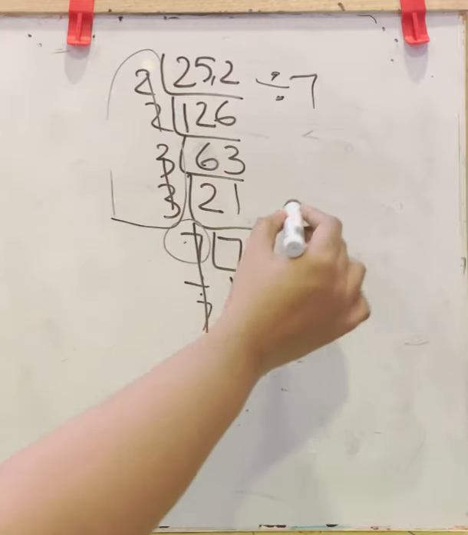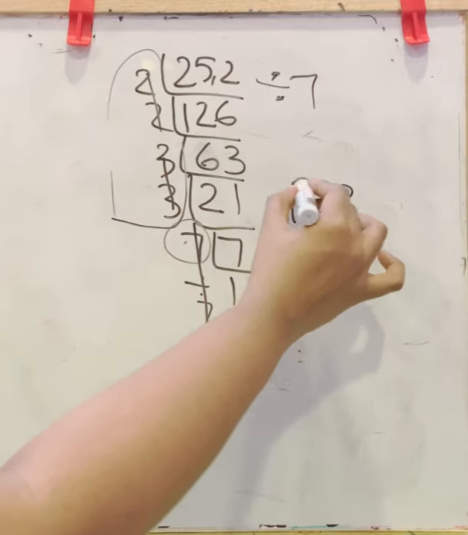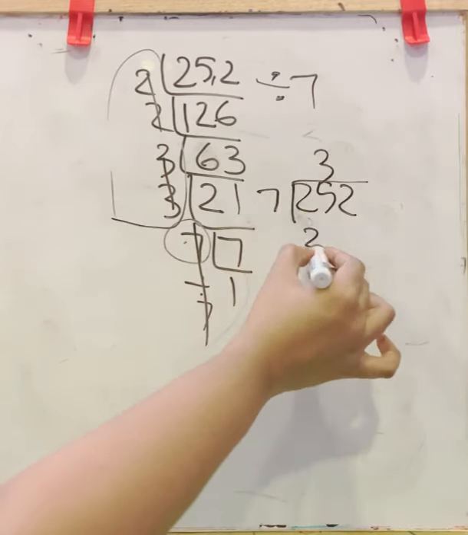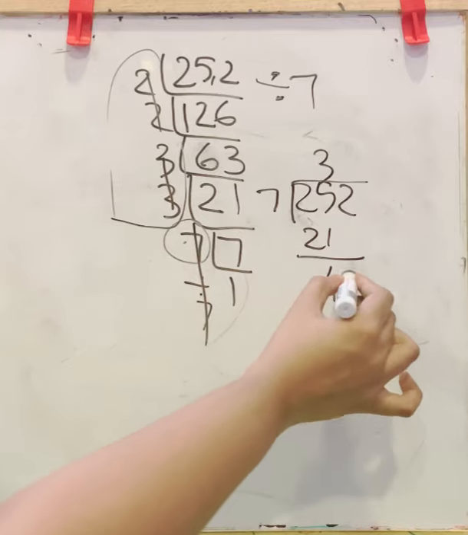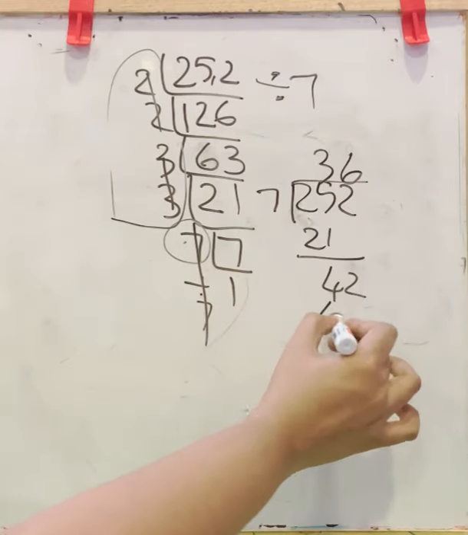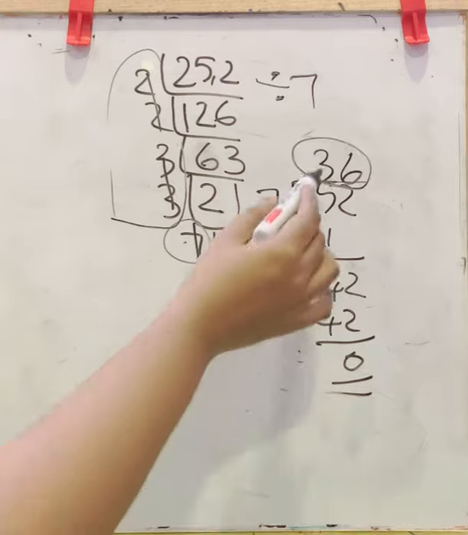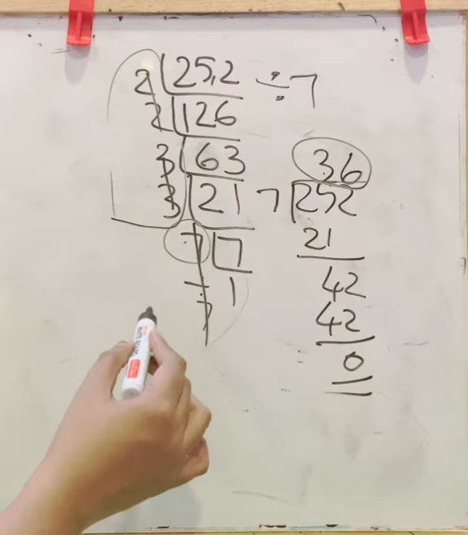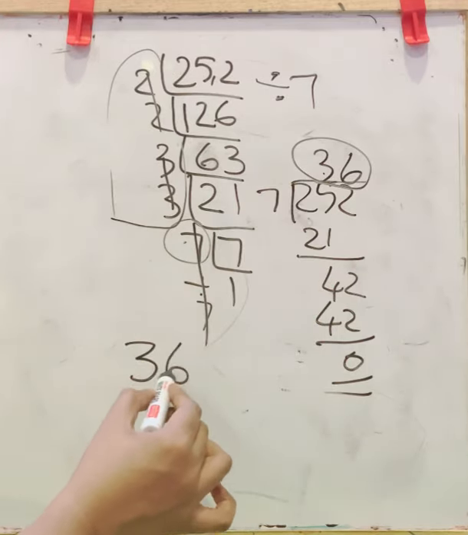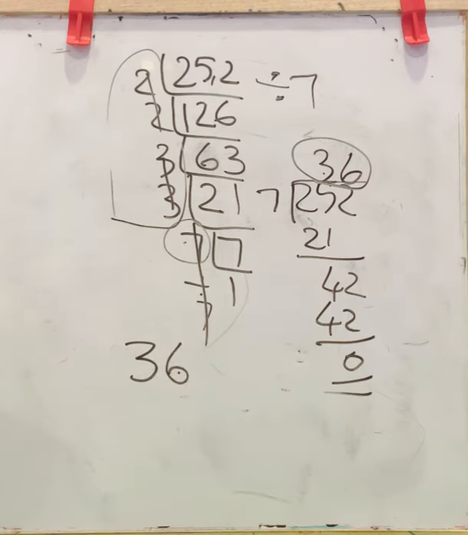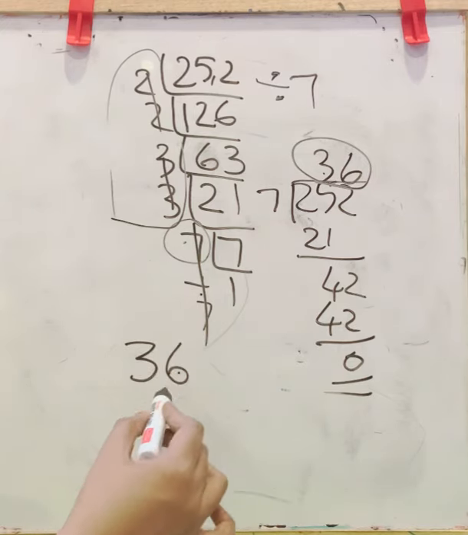So 252 divided by 7. 7 3s are 21, balance is 4, 42. 7 6s are 42, balance 0. 36 is the number. So, which is the perfect square number? 36. And what will be the square root of 36?